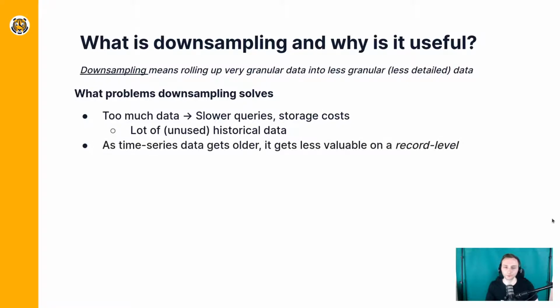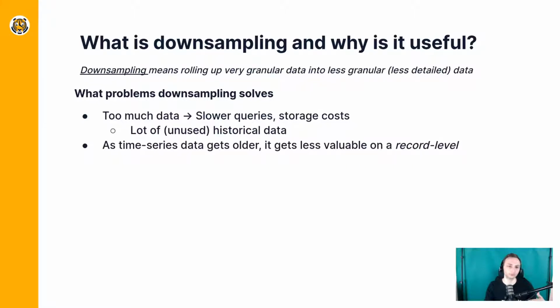And one thing which you might find in your own use case while you are using TimescaleDB and you have time series data is that as the time series data gets older, it might get less valuable on a record level. And the record level means individual rows.